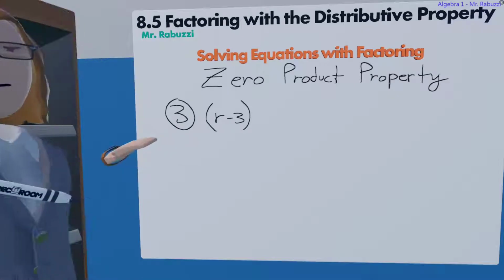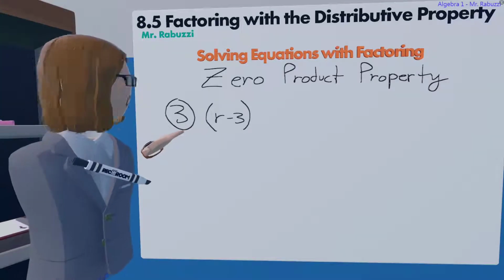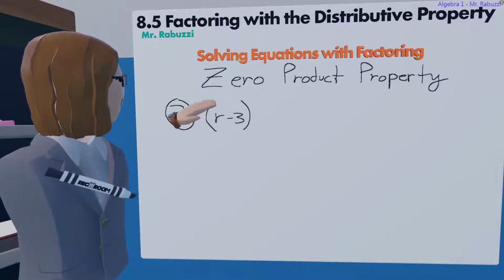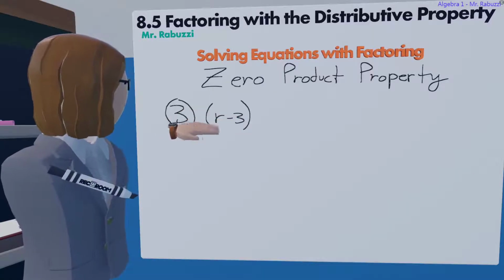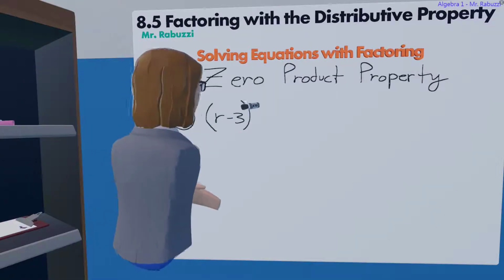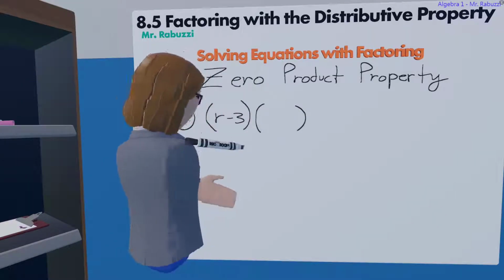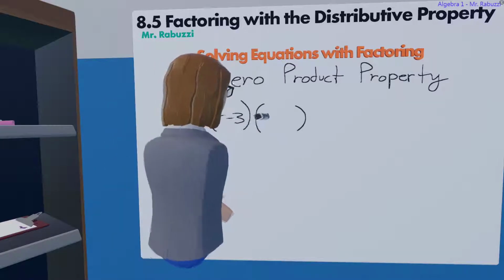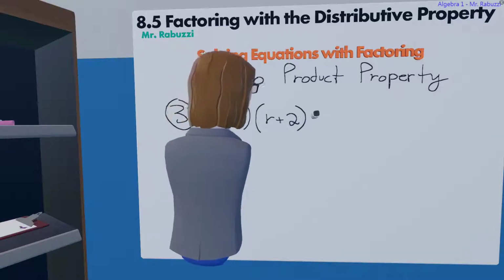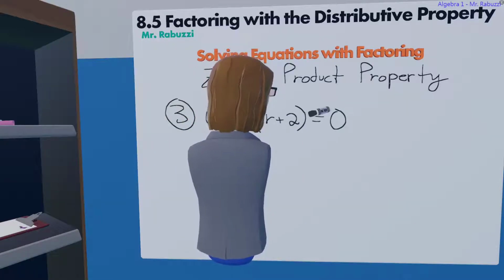Okay, this is going to be number 3 from your assignment page in the practice problems. One of the factors they say is the quantity r minus 3. The other one is the quantity r plus 2. That's an r, I promise. And they said the whole thing equals 0.